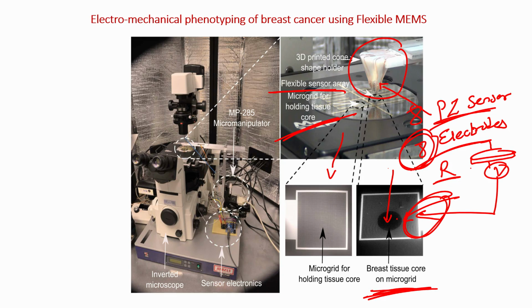How can you see the resistance? It is very difficult to measure the resistance directly. But what we can do is, when we apply voltage, we can measure current. This change in current will correspond to the change in the resistance of the tissue. Thus, we are not only able to measure the elasticity of the tissue with the help of piezoresistive sensors, but we are also able to measure the resistance of the tissue by applying voltage across the tissue with the help of electrodes and the microgrid.